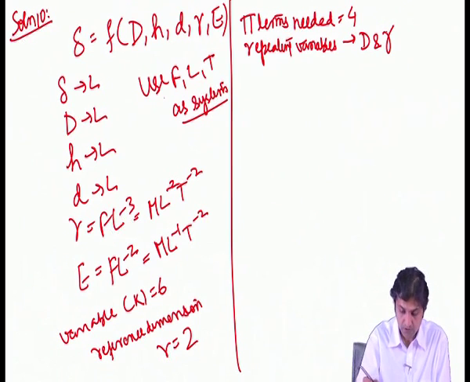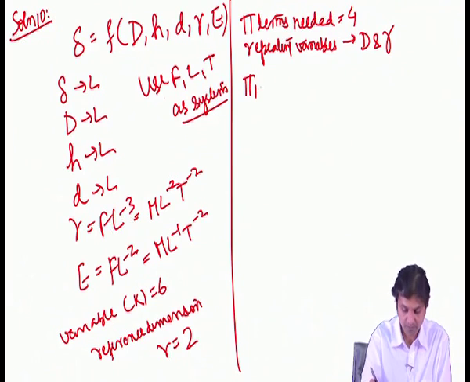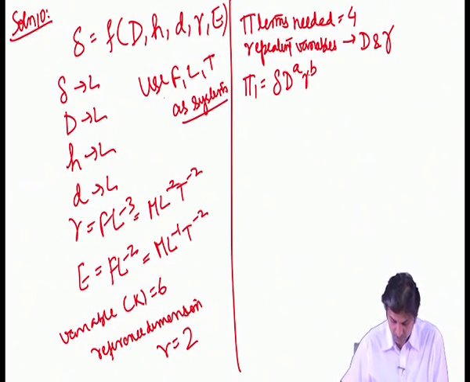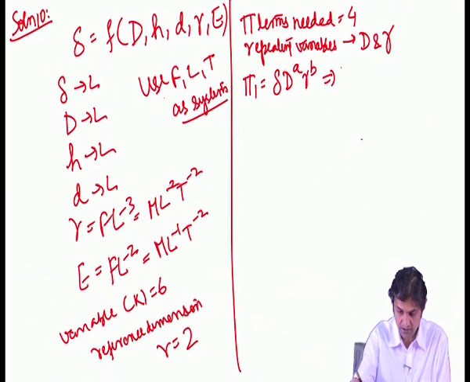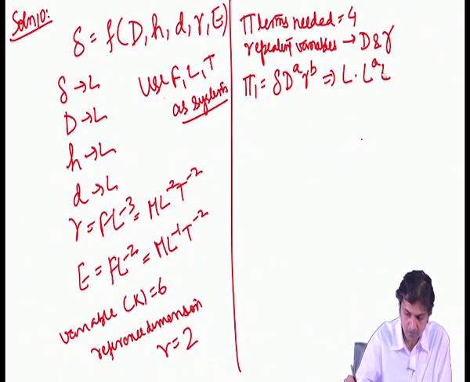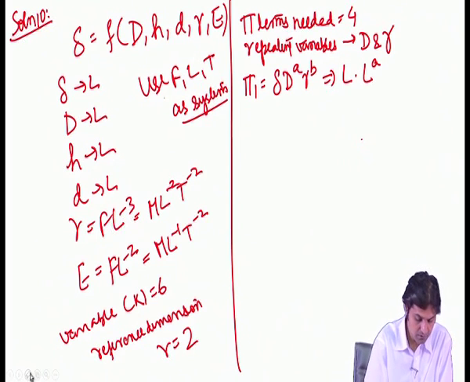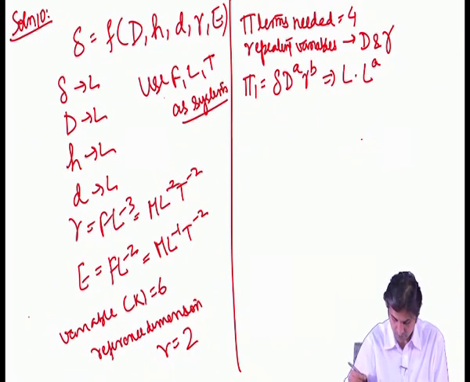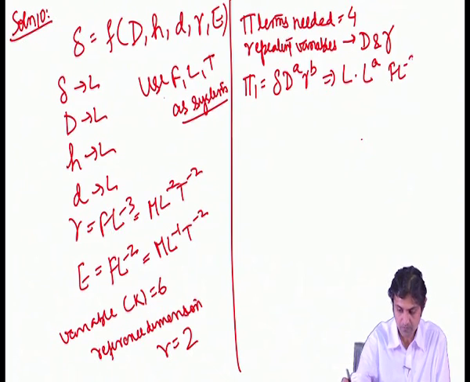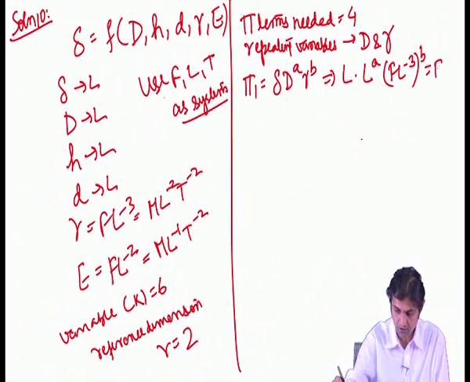Okay, so the first pi term is lambda D to the power A, gamma to the power B, or if we write in terms of L, L into L to the power A, FL minus 3 to the power B is equal to F to the power 0, L to the power 0.